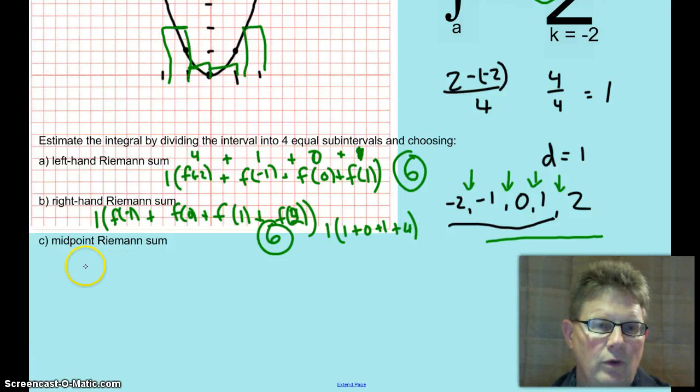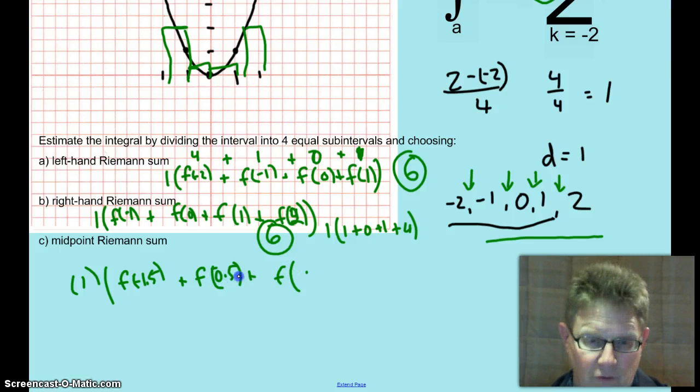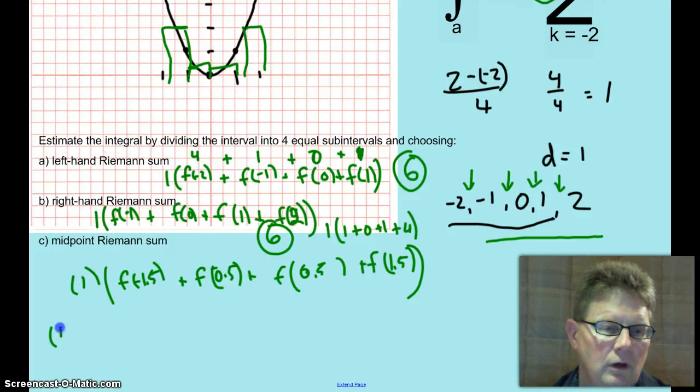So the midpoint, the widths are still all 1 times f of negative 1.5 plus f of negative 0.5 plus f of 0.5 plus f of 1.5.